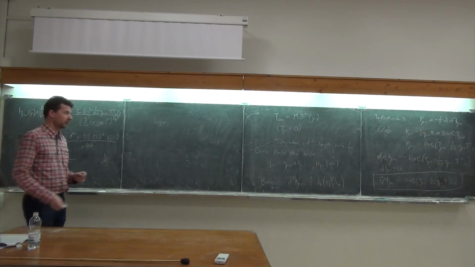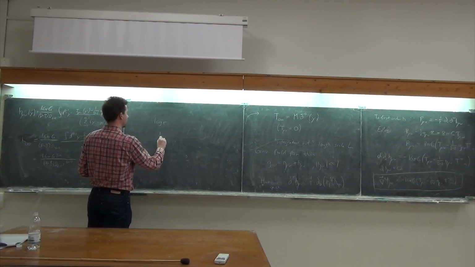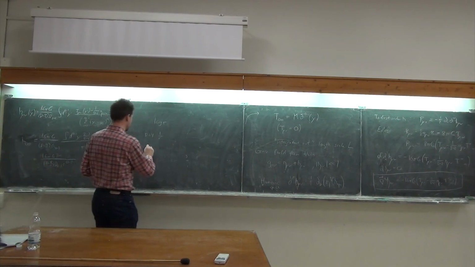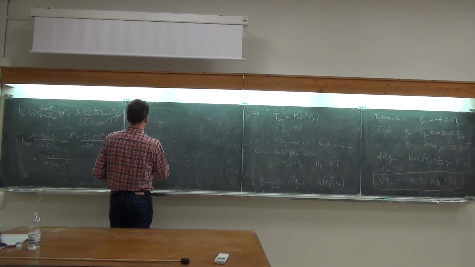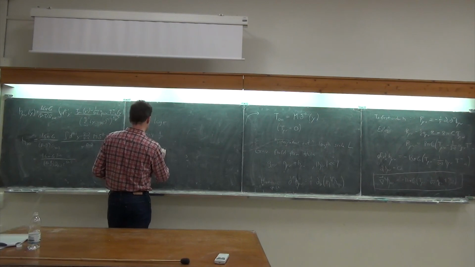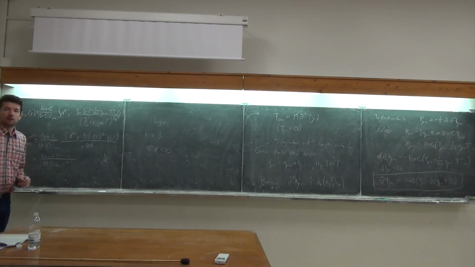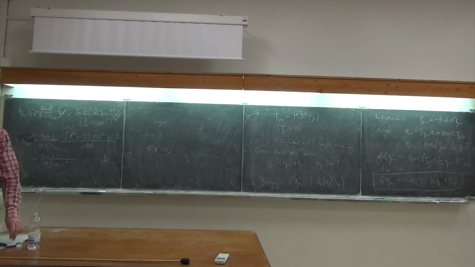Right? So instead of 1 over r in 4 dimensions, it's log r, the solution of this equation. So then you're in trouble. And that's why there's not really a black hole in 3 dimensions.